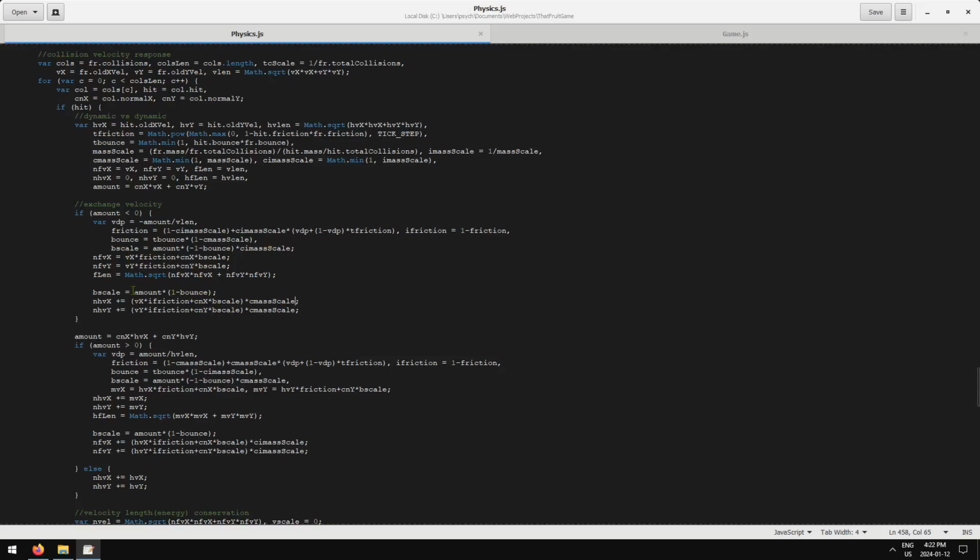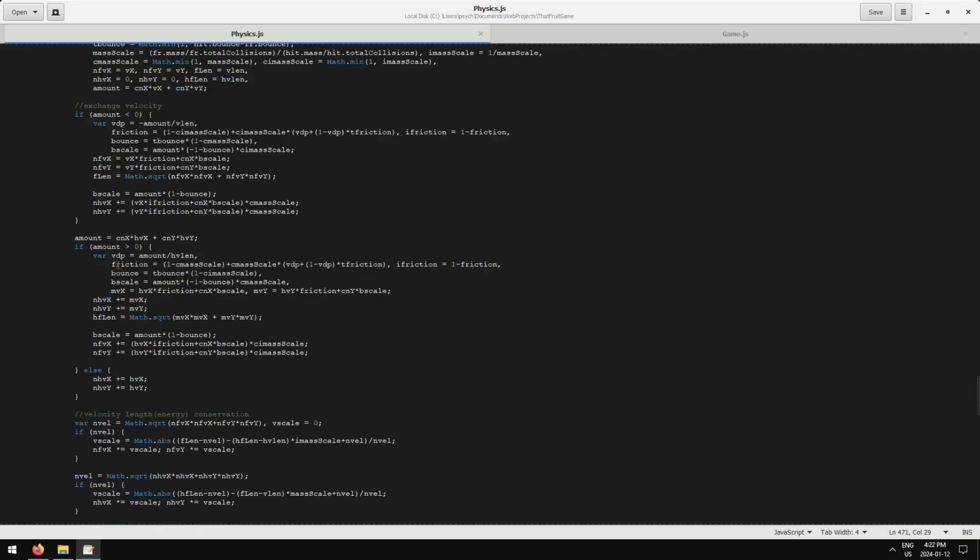And you can see here, this is pretty much the same vector reflection here, just with different scales. The bounce, instead of being scaled upwards, is scaled down. So basically when there's more bounce here, more of the force goes into here and less of it goes into here, and vice versa. And then with the inverse friction, it's the same. When more force goes into this, stays in this fruit, it doesn't go into the hit fruit.